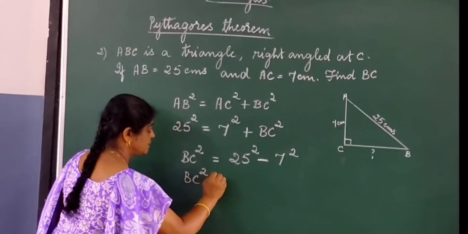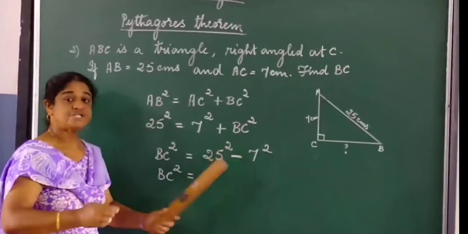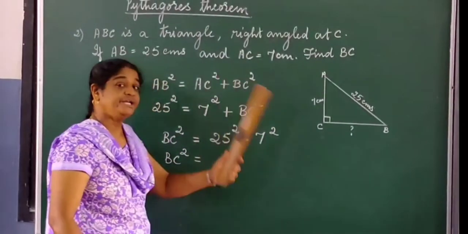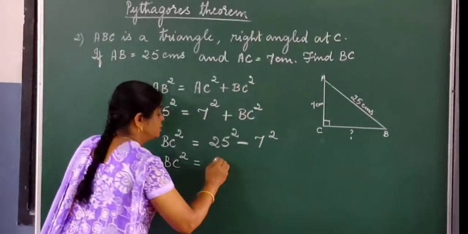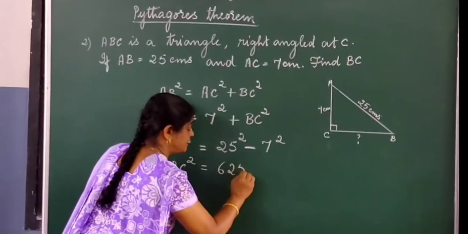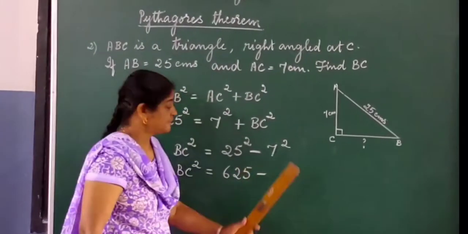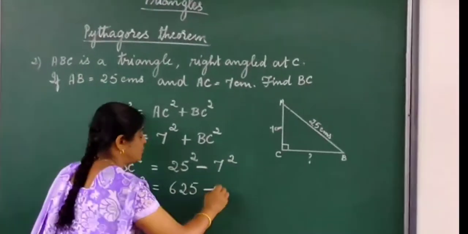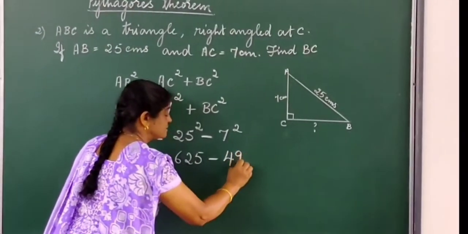BC square is equal to 25 square, which means 25 into 25. You will get 625. Minus 7 square is 7 into 7, which is 49.